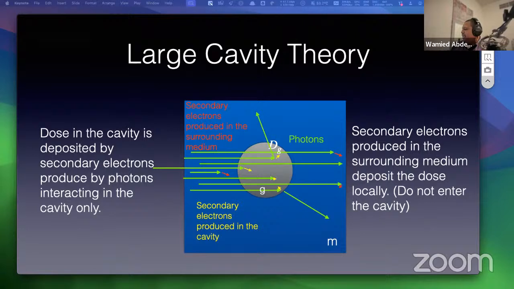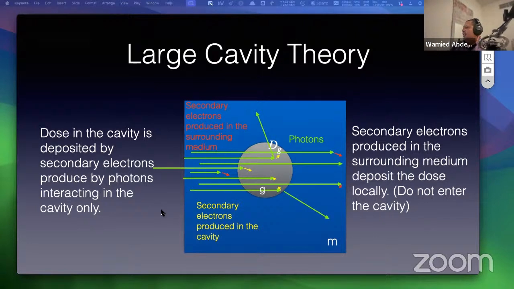So the dose in the cavity is deposited by the secondary electrons produced by the photons. These are the yellow electrons here. These are secondary electrons produced in the cavity. Whereas these red electrons are the secondary electrons produced in the surrounding medium. And the assumption in the large cavity theory is that these electrons do not contribute to the dose in the cavity.